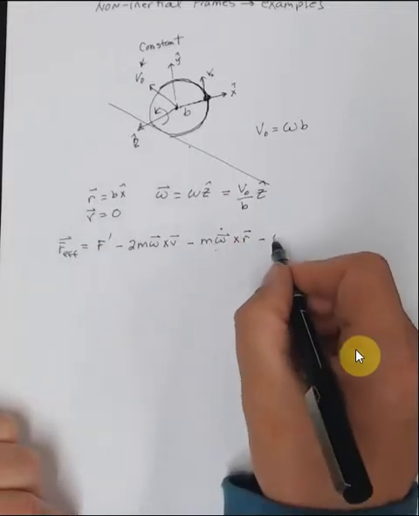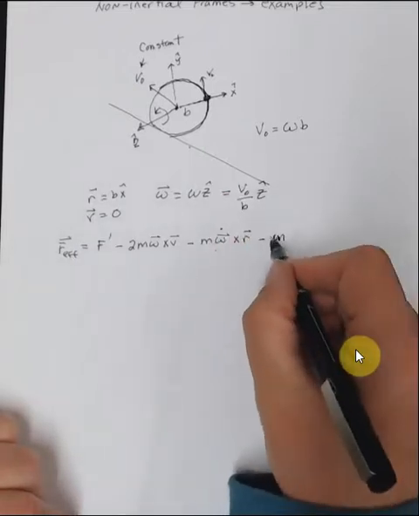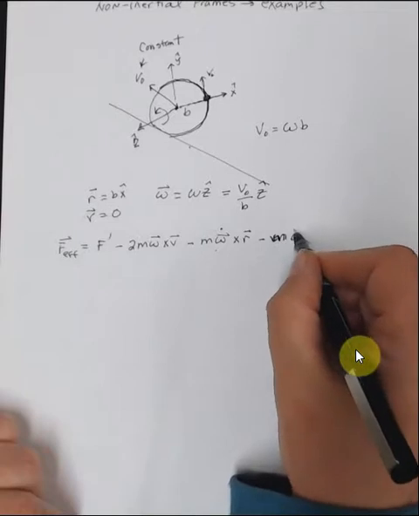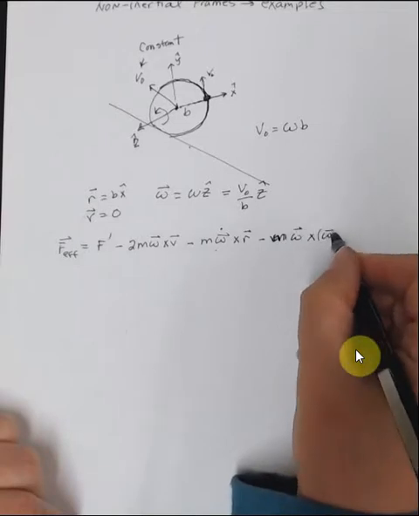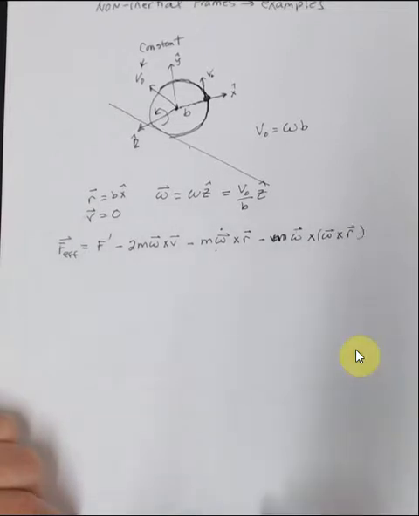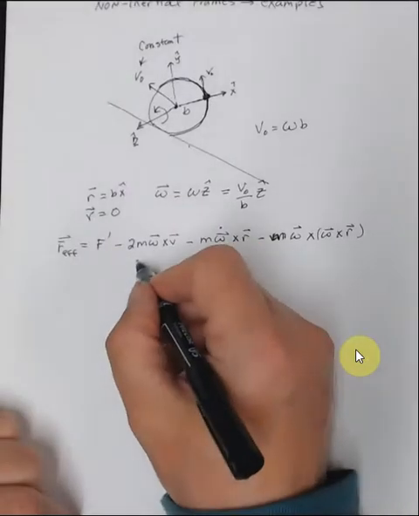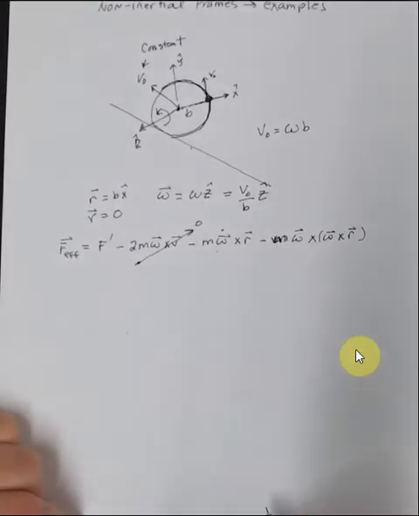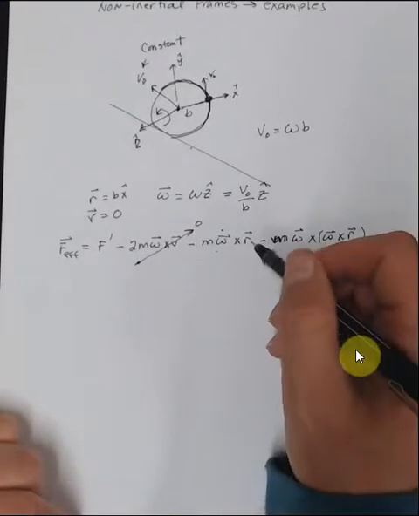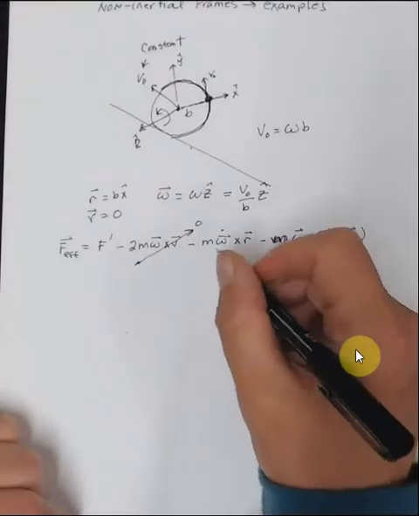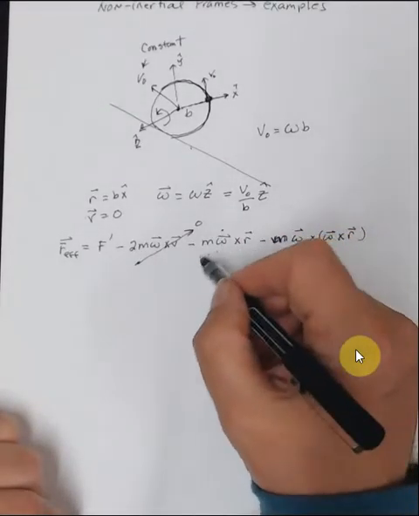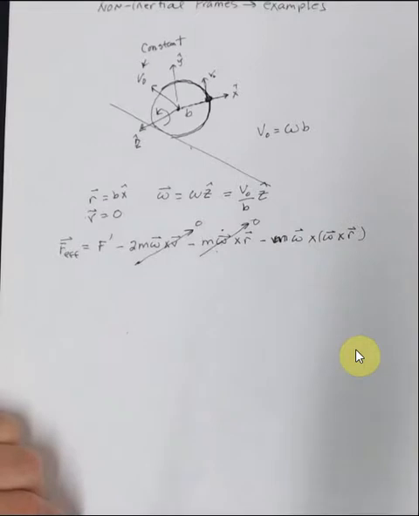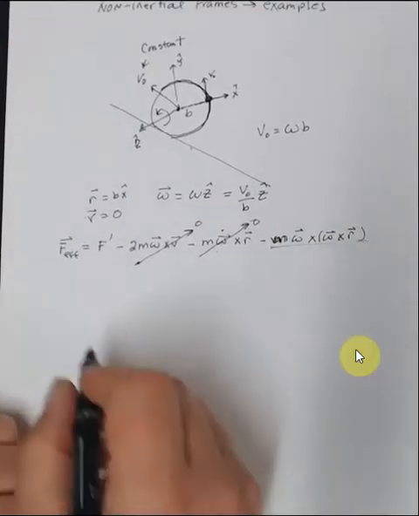And then we have the centrifugal force, m omega cross omega cross r. Well, we said the velocity in the rotating frame of that point on the wheel is 0. It doesn't think it's moving because its frame is rotating. We're assuming a constant speed, so omega is constant, this goes to 0, and we only have the centrifugal force to worry about.